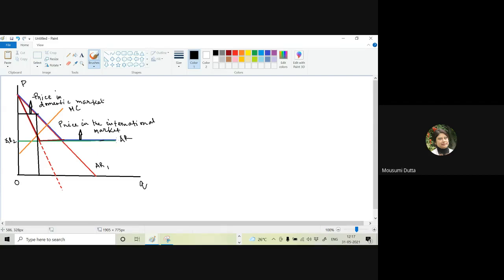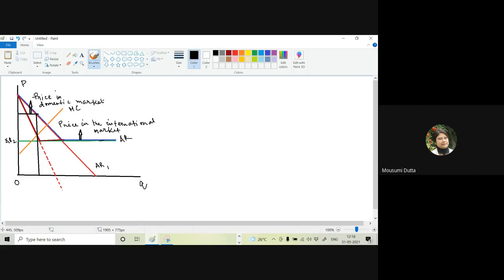So if the monopolist is a perfectly competitive firm in the international market, the monopolist will face this kind of horizontal demand curve. Whereas in the domestic market, he is a sole producer, so the demand curve is given by the red negatively sloped line. Now, the aggregate demand curve is given by the blue line.